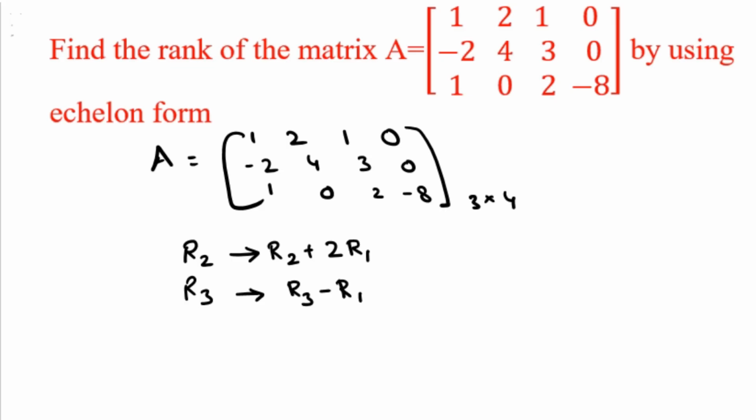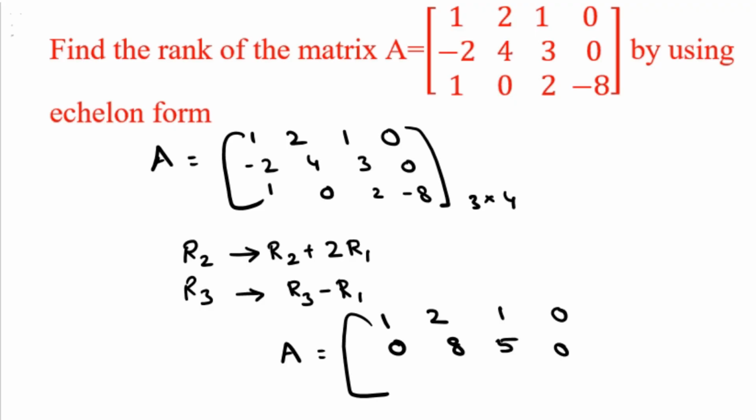Then the matrix A becomes: row 1 stays as it is, 1 2 1 0. Now by adding 2 R1, this value is 0, 4 plus 2 into 2 which is 8, 3 plus 2 is 5, 0 plus 0 is 0.